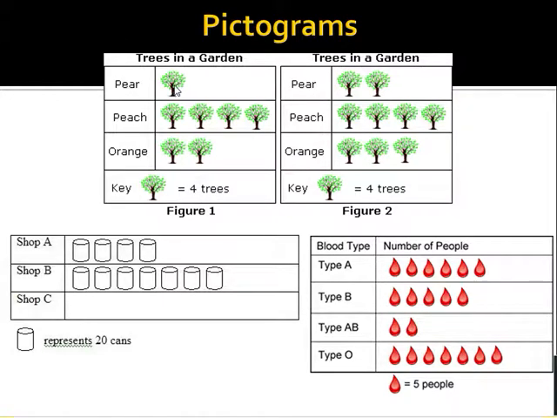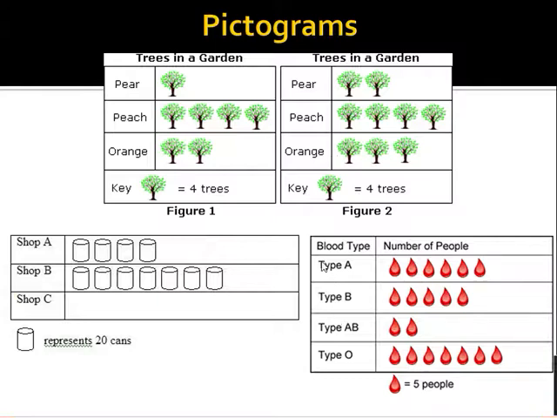So, from this you can understand, in this garden there are four pear trees. In this garden there are 4 into 4, 16 peach trees. Here 4 into 2, 8 orange trees. In the second garden we have 2 into 4, 8 pear trees, 4 into 4, 16 peach trees, and 3 into 4, 12 orange trees.